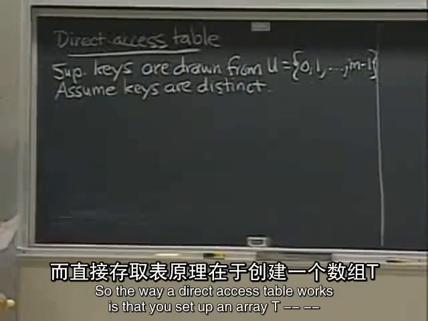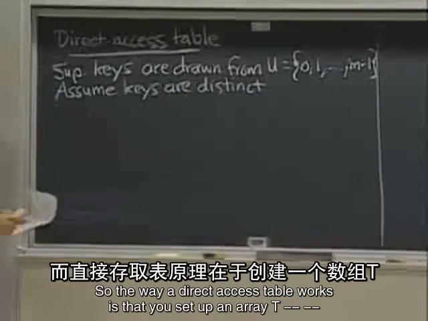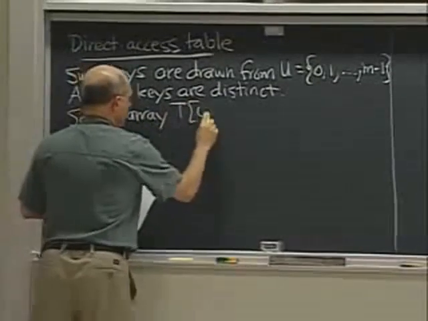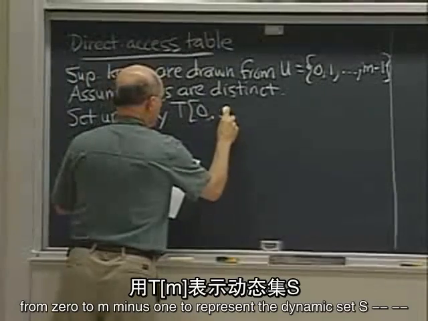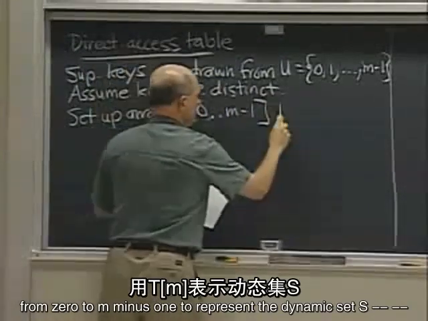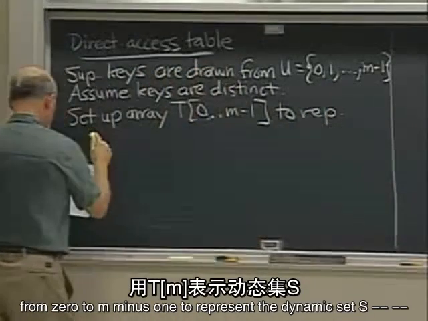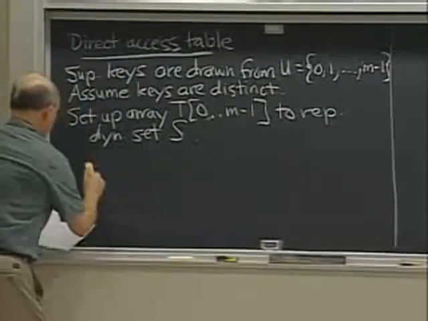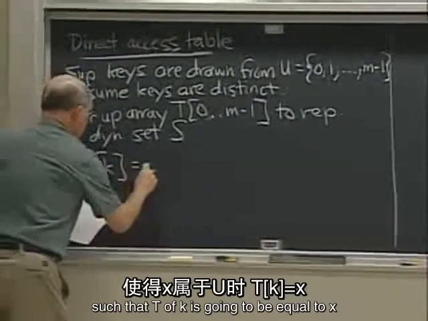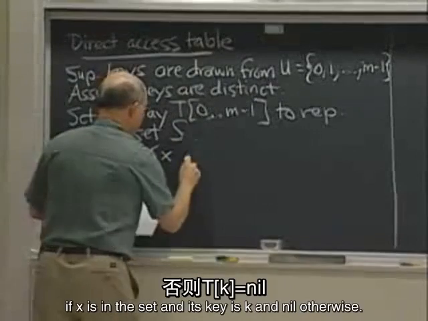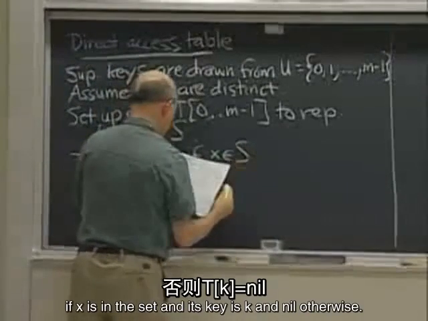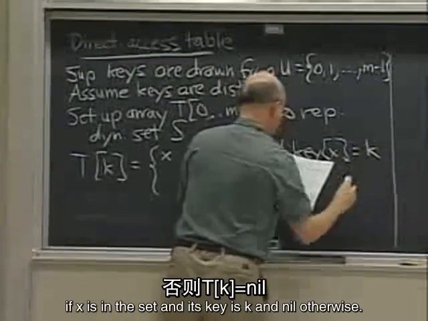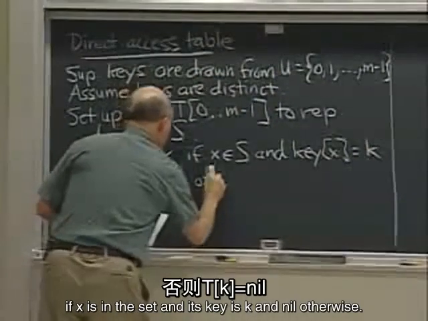Okay, so the way a direct access table works is that you set up an array T from 0 to m minus 1 to represent the dynamic set S, such that T of K is going to be equal to X if X is in the set and its key is K, and nil otherwise.